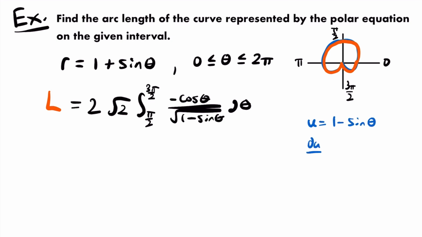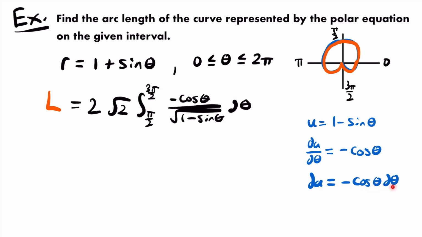So du d theta, the derivative of u with respect to theta, will be the derivative of 1, which is 0, and then the derivative of negative sine theta. The derivative of sine is cosine, so we will have negative cosine theta. And then multiplying both sides by d theta will give us that du is equal to negative cosine theta d theta. And so du is equal to an expression that we can find within our integral.